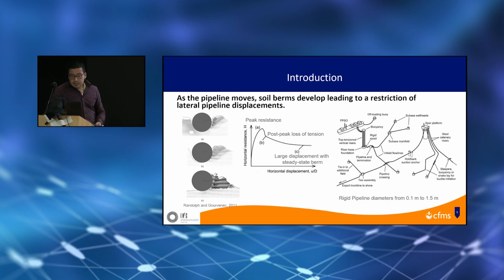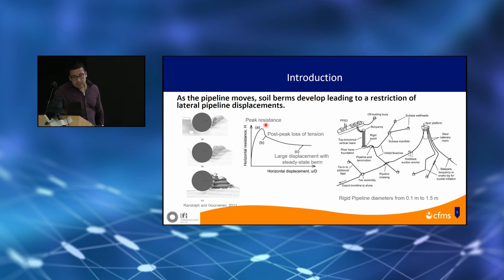In some more detail, we can see here the soil deformation pattern as a pipeline is subjected to lateral displacements. Some stages can be identified. At the first instance a peak resistance is reached, also called breakout resistance. At this stage, there is no clear failure surface.